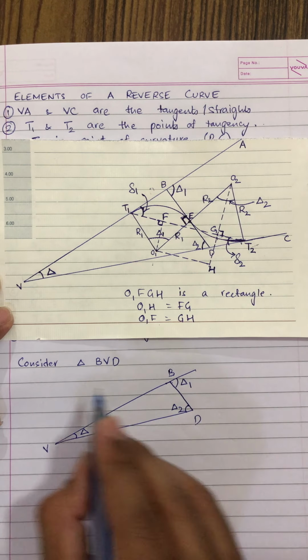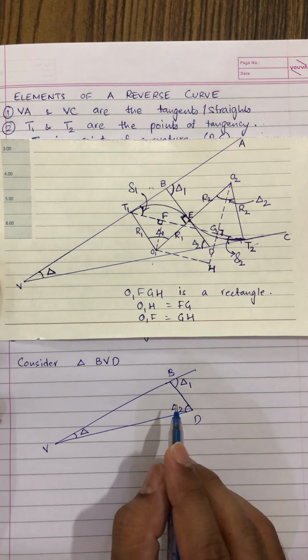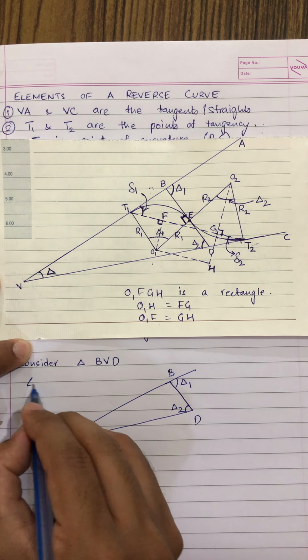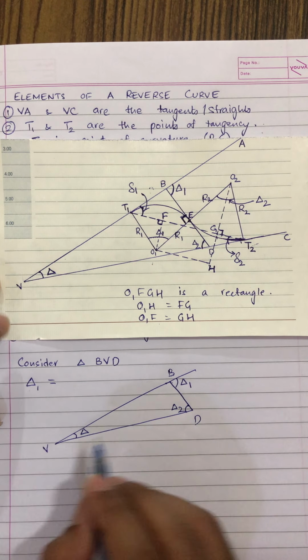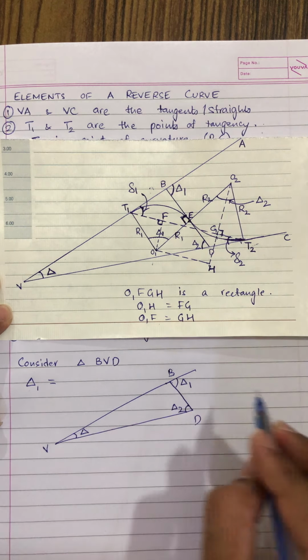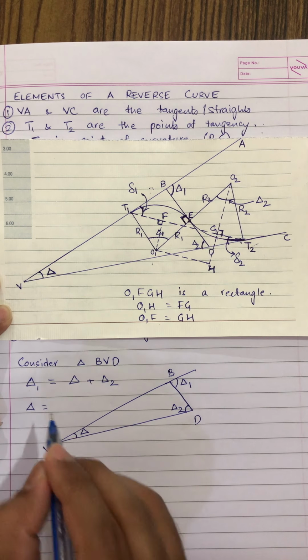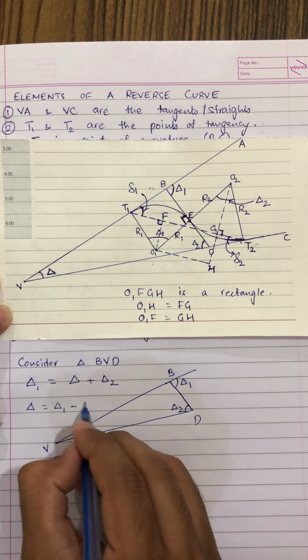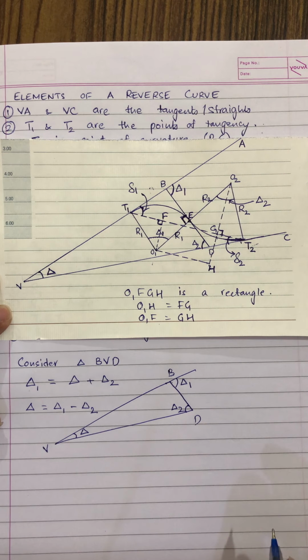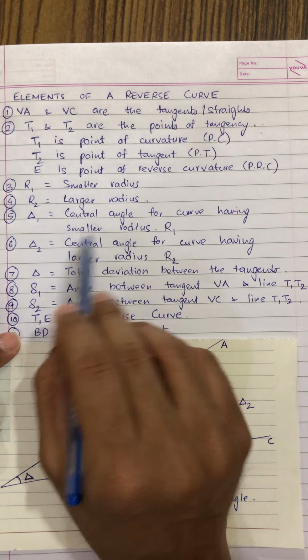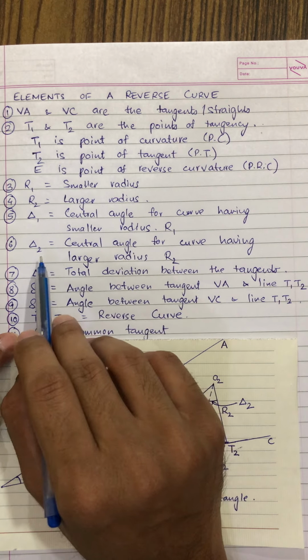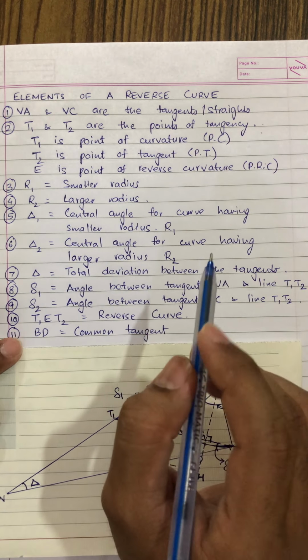We know the property of the triangle, that delta 1 will be equal to the sum of the two opposite interior angles. It will be equal to delta plus delta 2, or we can write this as delta is equal to delta 1 minus delta 2. Here we are assuming delta 1 is the central angle for the curve having smaller radius and delta 2 is the central angle for the curve having larger radius.